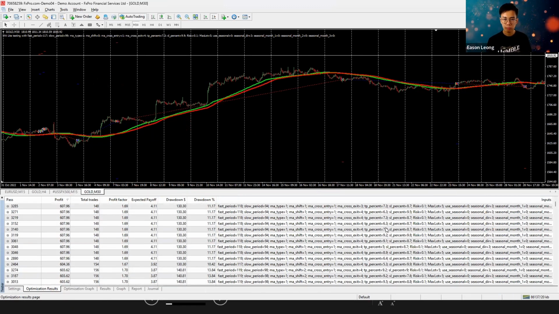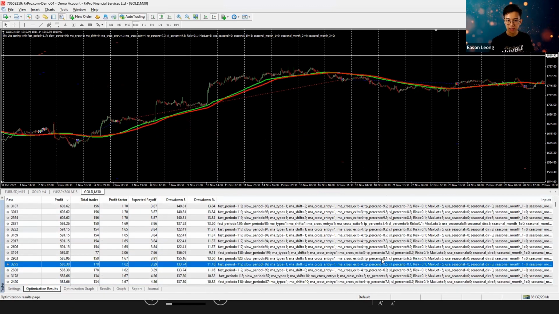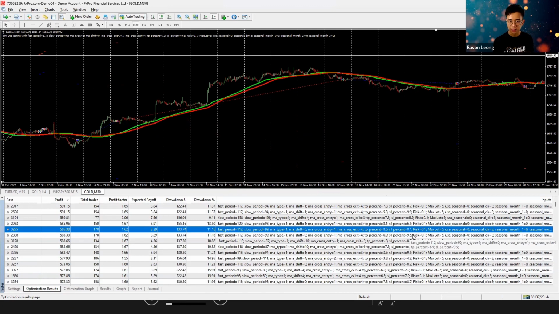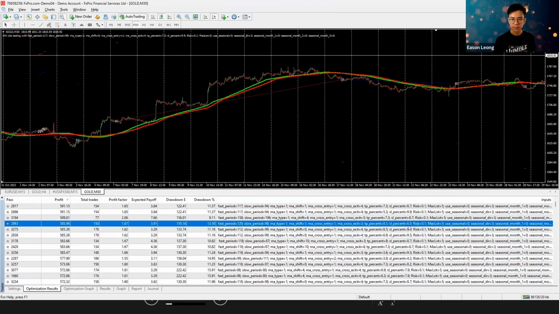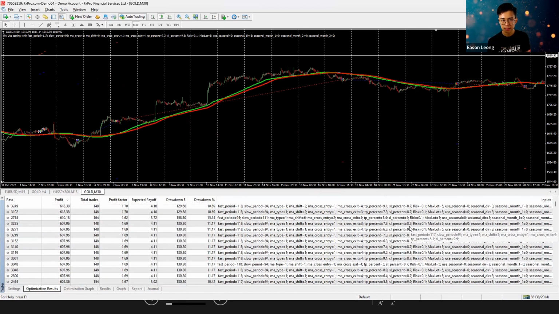Alright. So you can see, look at the take profit percent here. Okay, just look into here, profit percent. So actually this one seems to be better, or even this one, because the stop loss is only 6.5%.